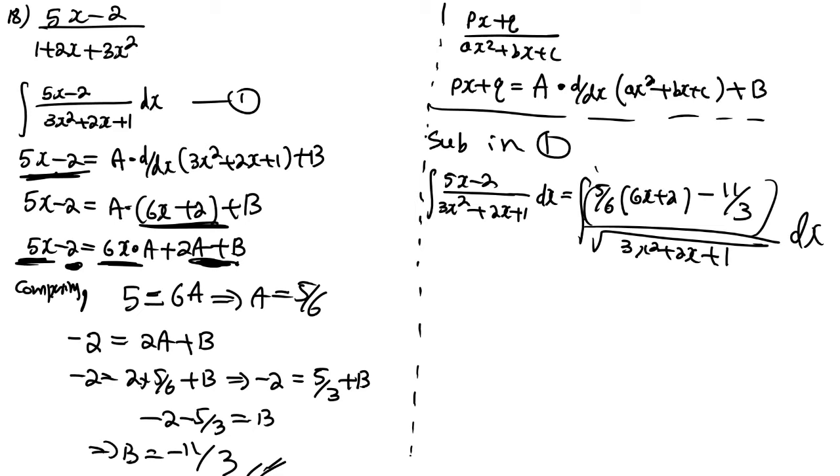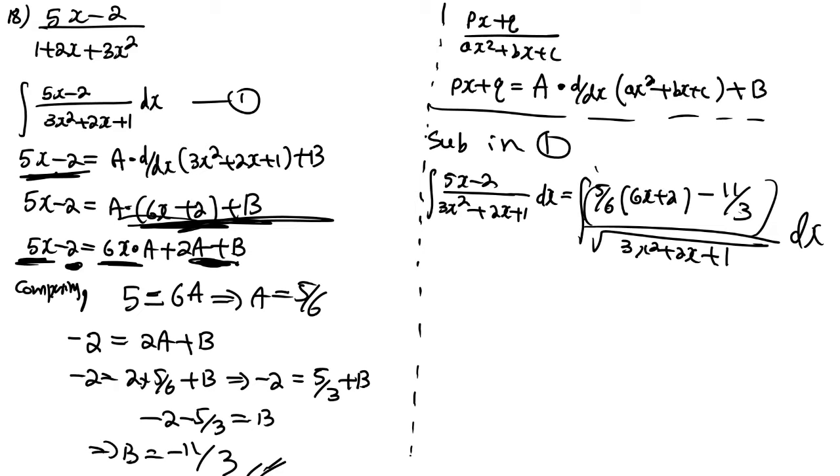I am writing numerator as a into d by dx of the denominator plus b. A value is 5 by 6 into d by dx, which is 6x plus 2, and b value is equal to minus 11 by 3.